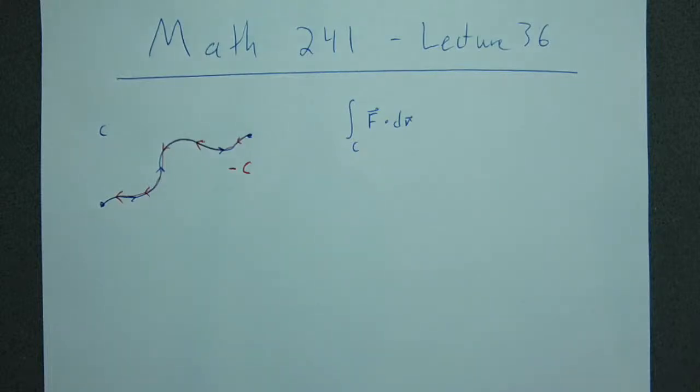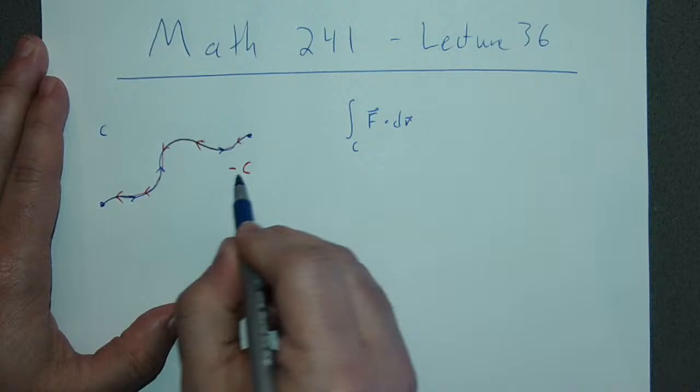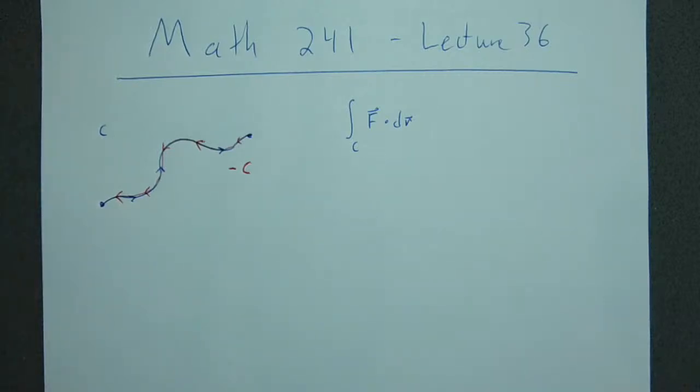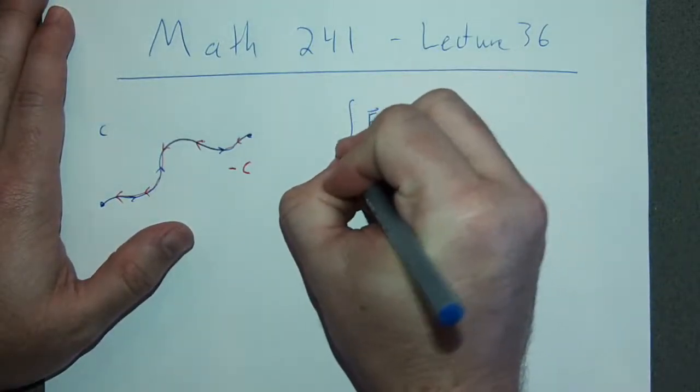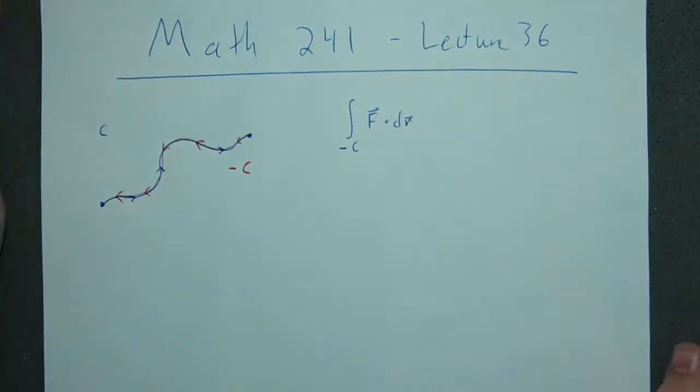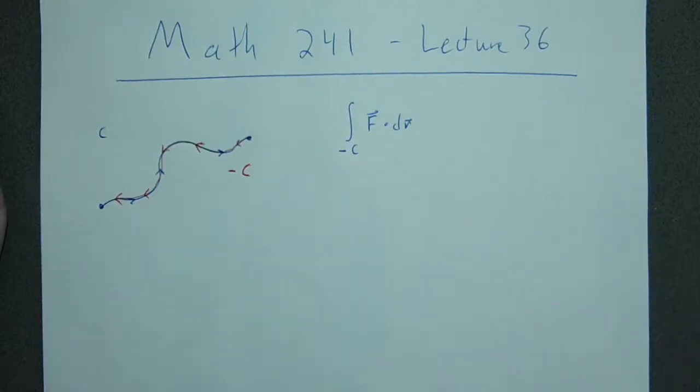If we take the exact same curve but consider the opposite orientation, that is us looking at the curve we call minus C. And so the question then becomes, what is the line integral of some vector field f along a curve where I've taken the opposite orientation?